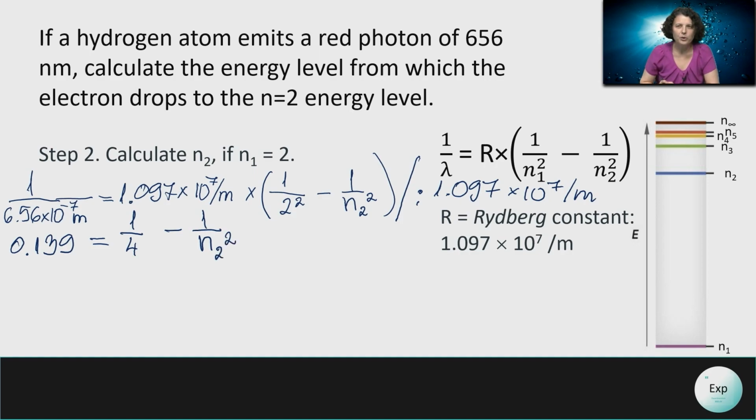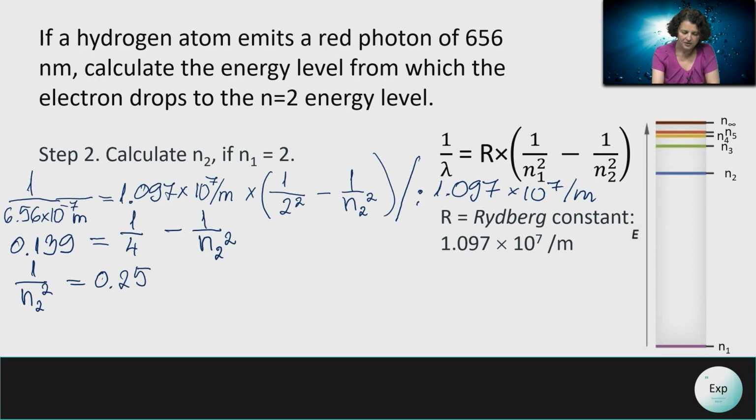I prefer to work with positive numbers, so I will move the 1 over n2 squared to the left side, and I will move everything else to the right. 1 over 4 is 0.25. I simply converted the fraction to a decimal.